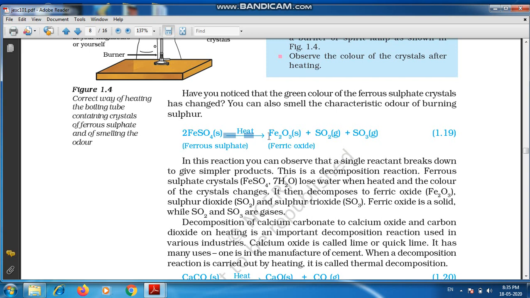So it is decomposed. In this reaction you can observe that a single reactant breaks down into simpler products. Such reactions are called decomposition reactions. Over here please note the ferrous sulfate crystals, FeSO4·7H2O.